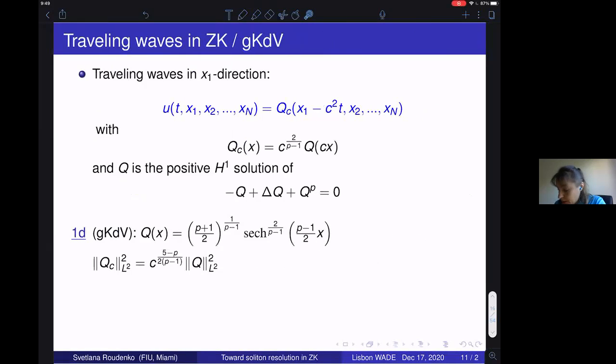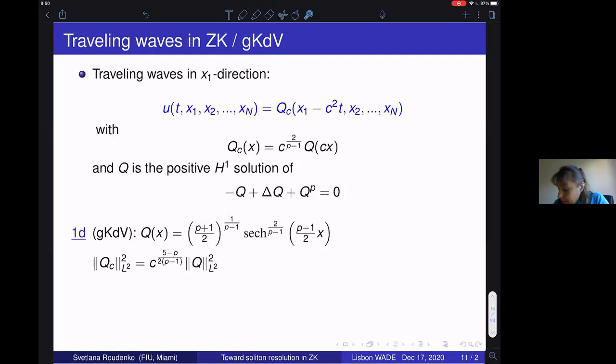Just to mention, in 1D, and that's the beauty of this equation, Q is solved explicitly. Because you have the formula, whenever it comes to the linearized operator or any kind of studies, it's explicit, it's nice, and you can derive lots of things with it.